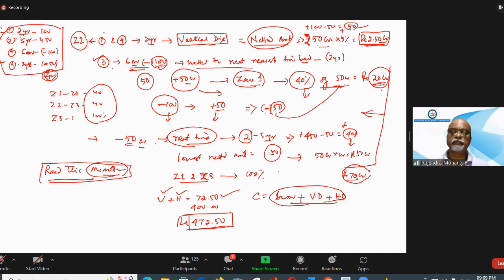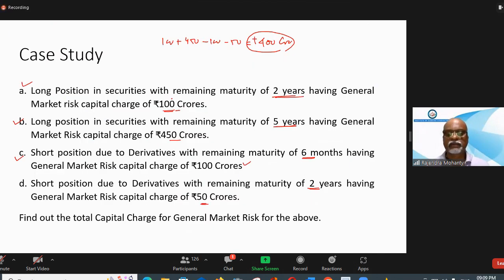Sir, why did we add 400 and 72.50? What was there in the question? These are capital charges, na? You have calculated the capital charge and netted it. What is the algebraic sum? Here we have written 400. He asked how it comes to 72.50.